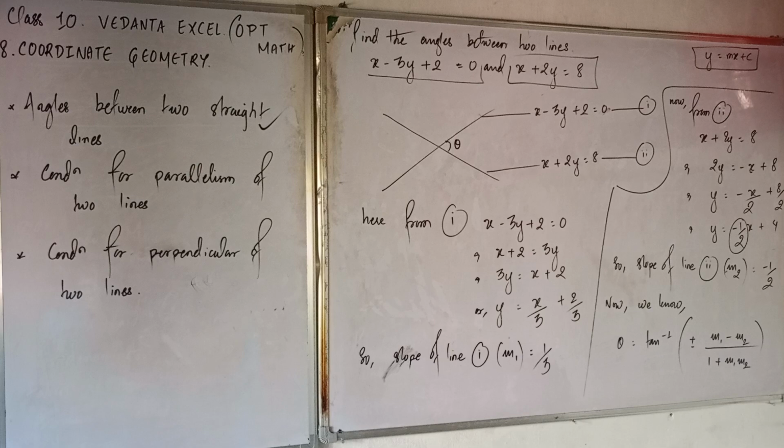The positive value from this simplification will give you the acute angle, and the negative value gives the obtuse angle. So let's move to the next step.